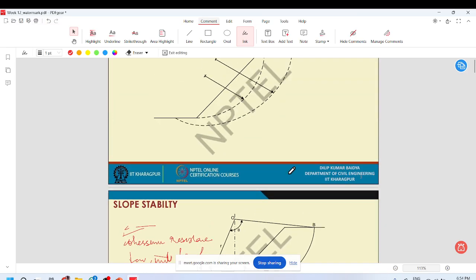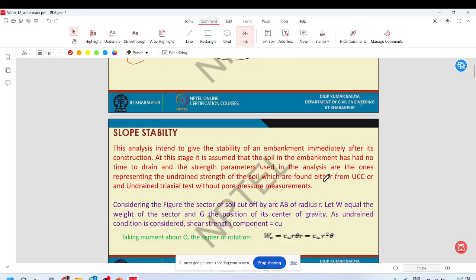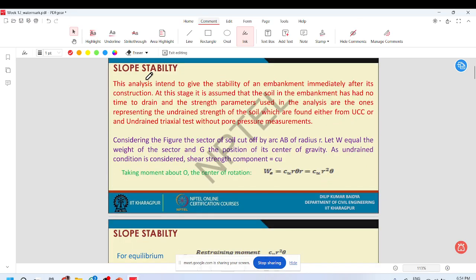So remember that this type of analysis is usually performed to give the stability of an embankment immediately after its construction. This is the specific type of problem this analysis is used in. This will not give us accurate results for every kind of analysis.